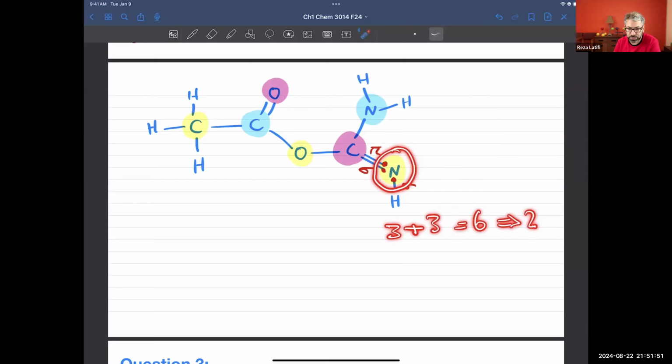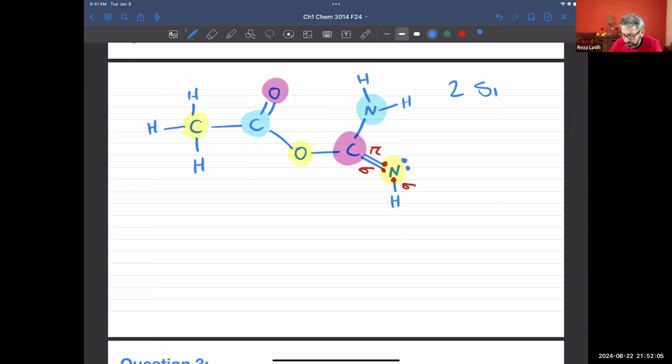So what do I need to do? I'm going to show a lone pair on nitrogen. So our nitrogen has a lone pair. We have 2 sigma and 1 lone pair. Sigma plus lone pair, we got 3. So what's going to be the hybridization?